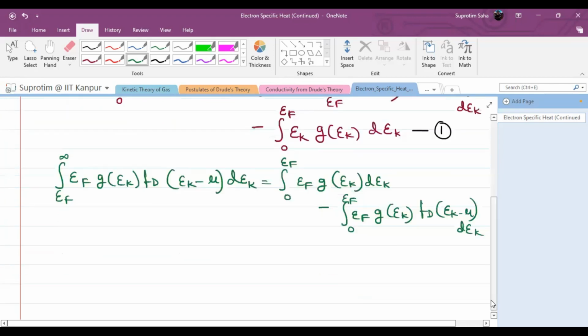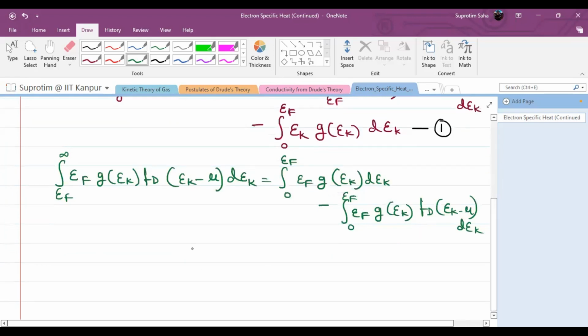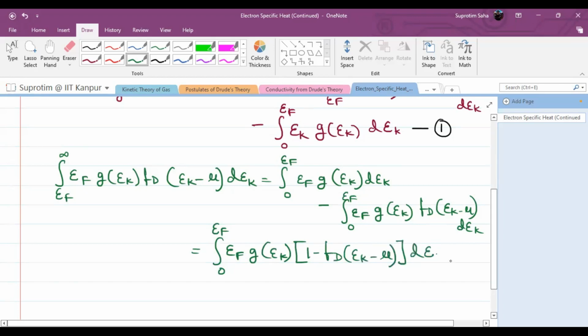Now it is easy to see that we can simplify it further: 0 to EF G of EK, and this is 1 minus Fermi Dirac epsilon k minus mu D of EK. All right, so this was our original equation 2.